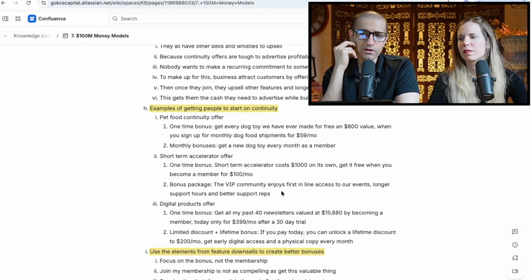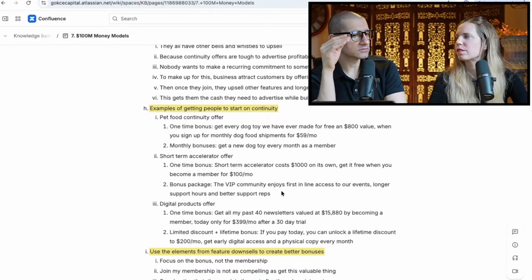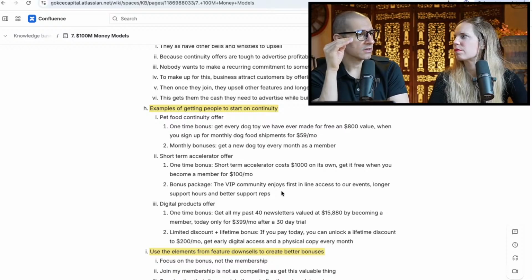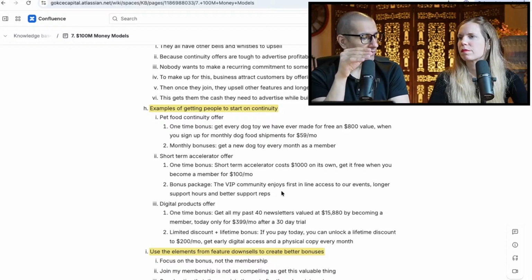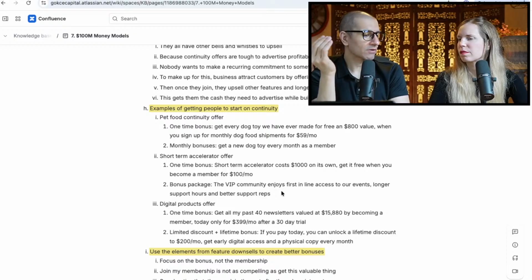So a continuity offer is more of an additional offer. For example, if you have a property for sale, someone says okay, I'll buy it, and asks are you paying cash or owner financing. Obviously you try to sell it on cash, and then they say, well, I don't have the money.